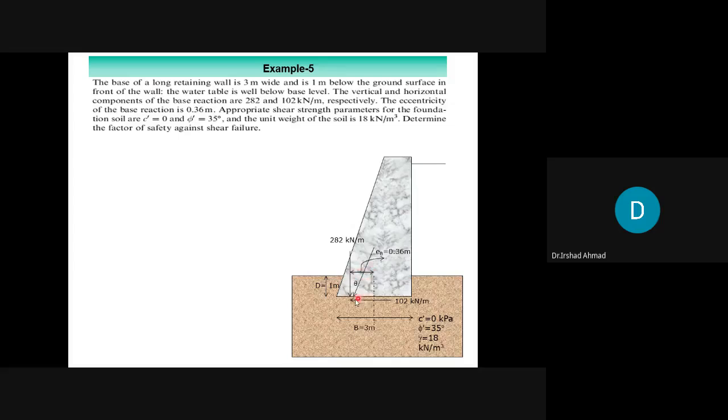So here inclination factor will also be involved because the load resultant is inclined at an angle theta, and there is an eccentricity as well. These are the soil properties. This is the depth of foundation. Now things should be very easy for you.